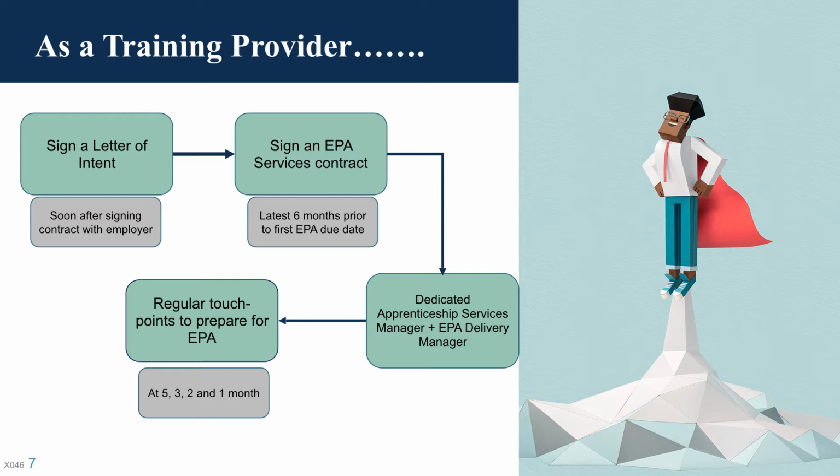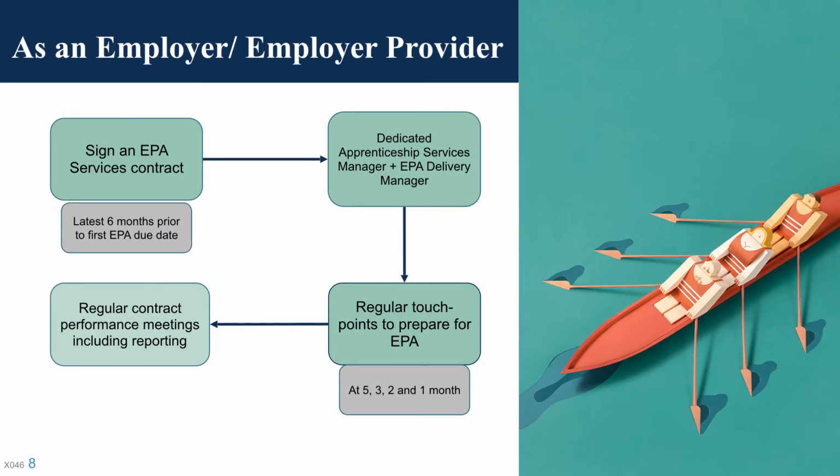If you are an employer or an employer provider, there's a slightly different process, but there is one step less. An employer or an employer provider does not sign a letter of intent. They directly short circuit to the EPA services contract. The main reason for that difference is because of the way the funding works.